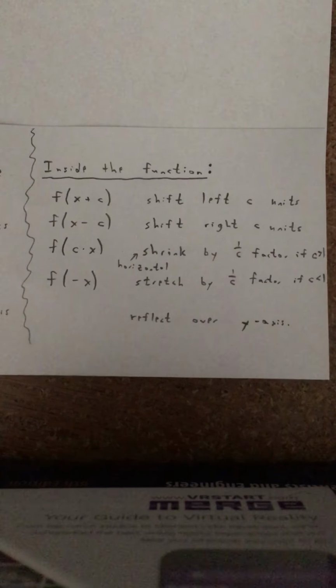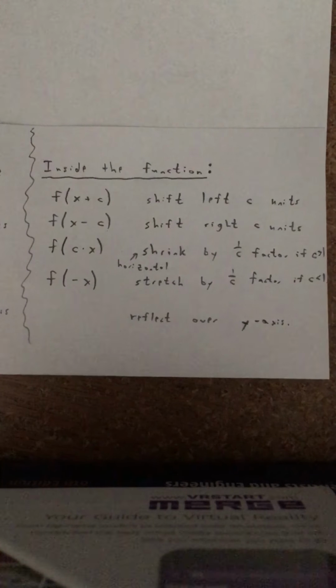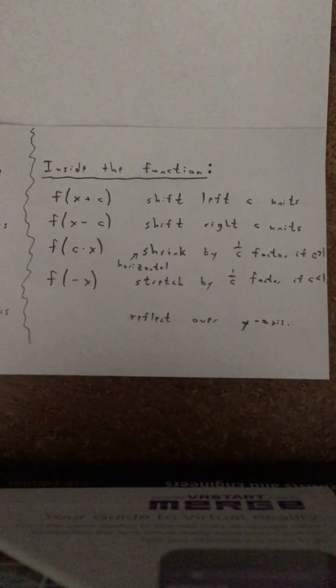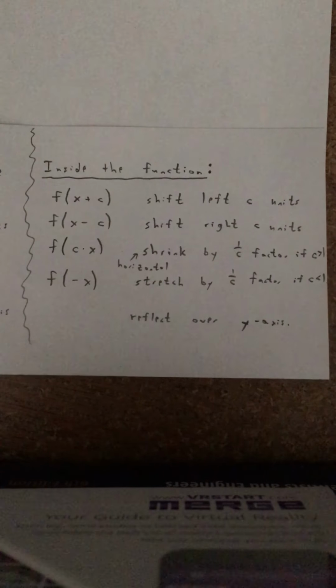If you're going to replace the x with some number times x, then that is either going to be a horizontal stretch or shrink by a factor of 1 over c. So again, there's some counterintuitiveness there because you take the reciprocal of the number multiplied by the x. And if the number that's being multiplied by x is greater than 1, it's actually going to be a shrink.